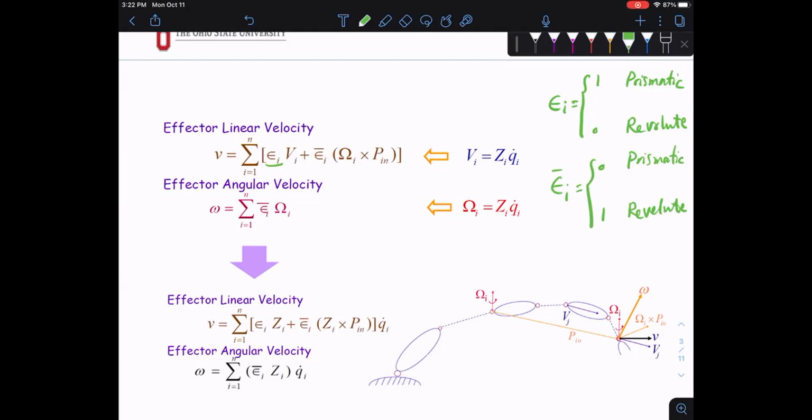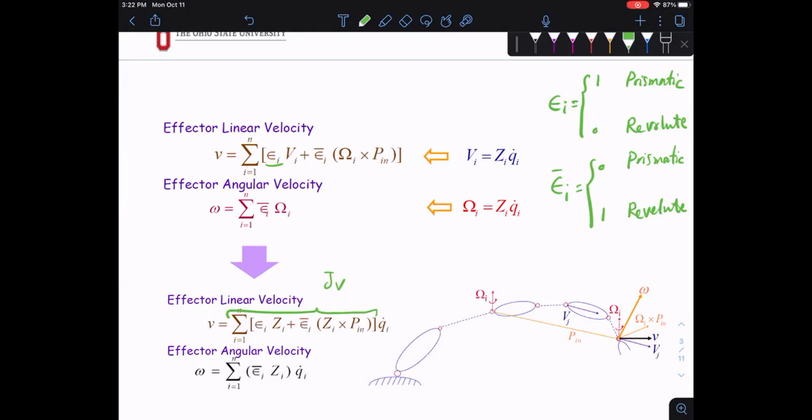Now, we are looking at the end effector linear velocity expression. This is the linear part of the Jacobian. It's not that the Jacobian is nonlinear, it's the part that affects the linear velocity. What is this part?